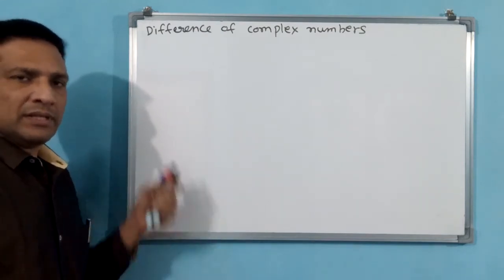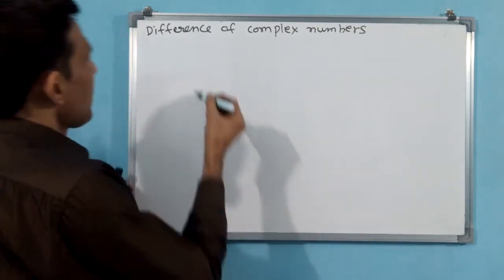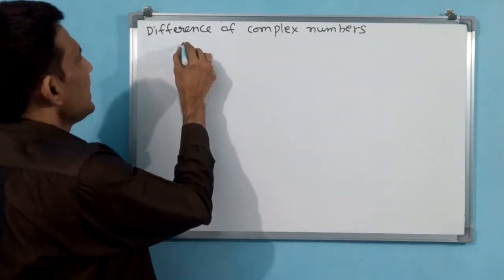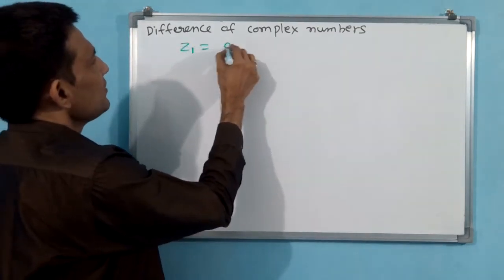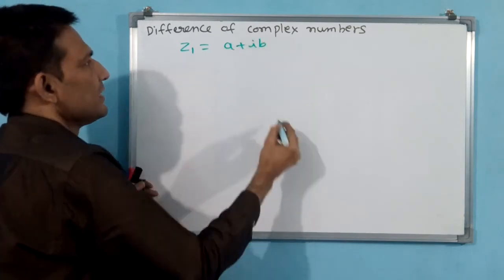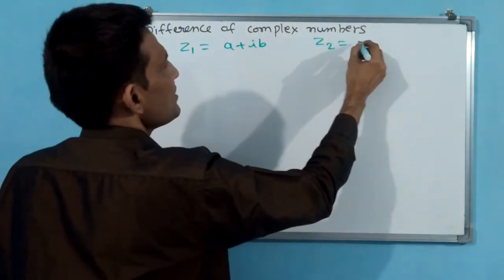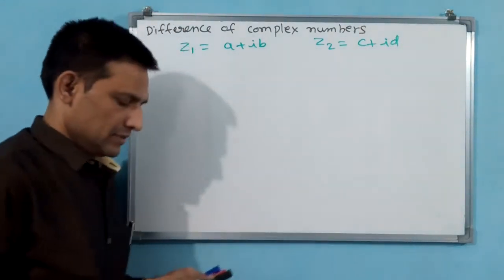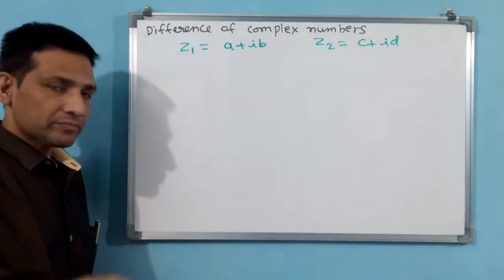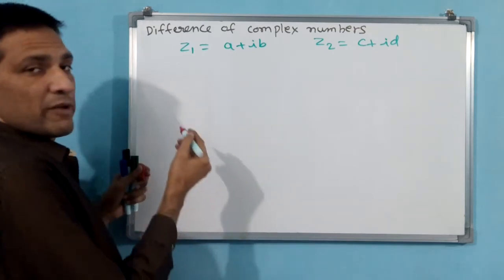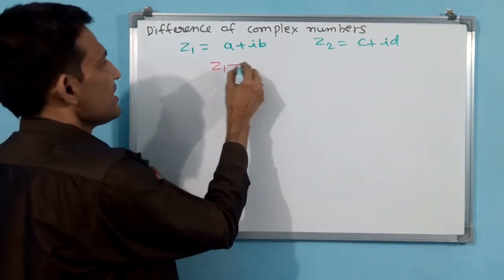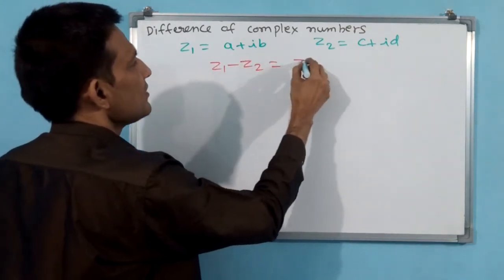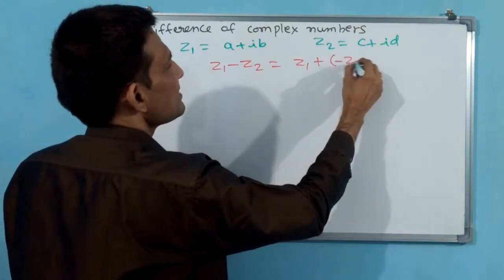Addition we have seen, we will see difference also. Okay, you see here, let z1 is equal to a plus ib, z2 is equal to c plus id. Now difference is like, z1 minus z2 is equal to z1 plus minus z2.